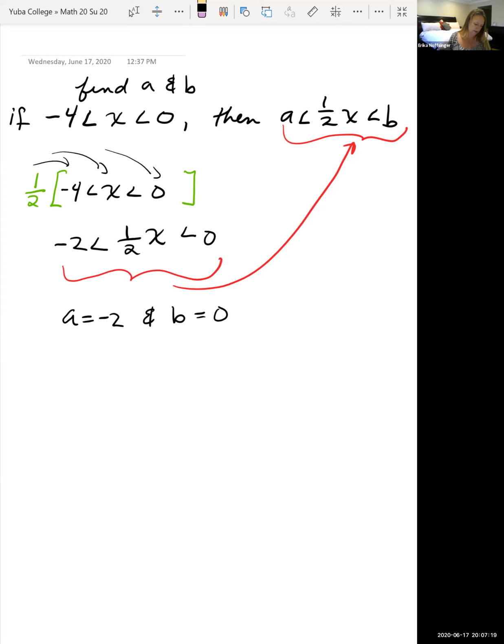Okay, so what if it had been the same kind of example where you're finding a and b, but this time we have 0 is less than x is less than 4. And we want to find a and b such that a is less than 2x plus 3, which is less than b.